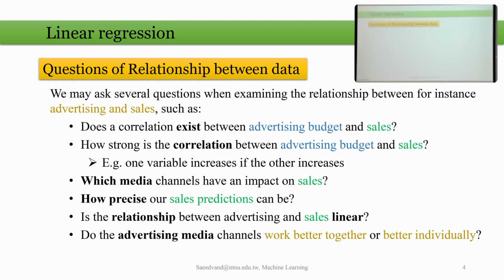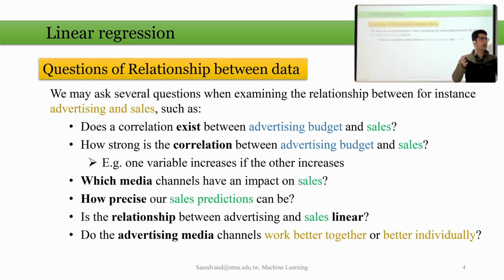So for the relationship between data, we can have different questions that we need to answer. Let's have a look at the questions first. For example, let's consider advertising and sales. If you remember, last week we discussed advertising and sales.